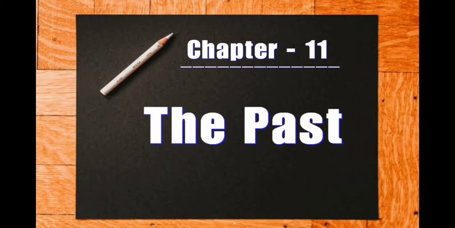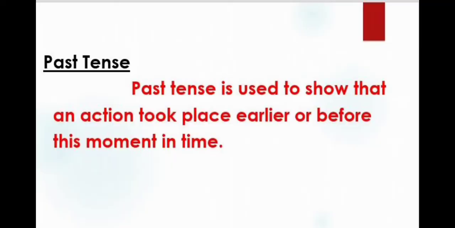Students, we have already studied about tense. We all know that tense is all about time. Now we are going to study about past tense. Past tense is used to show that an action took place earlier or before this moment in time. Children, the past tense is used to talk about something that started and finished at a definite time in the past.